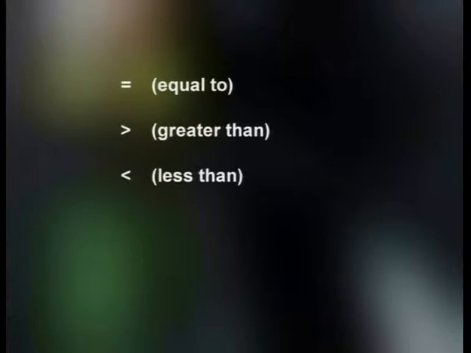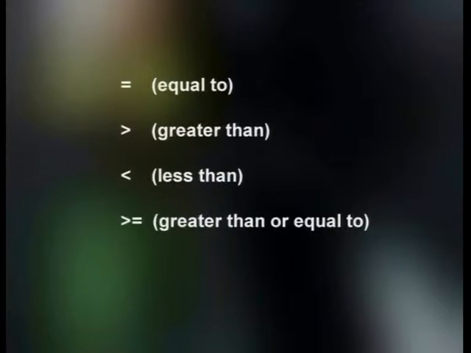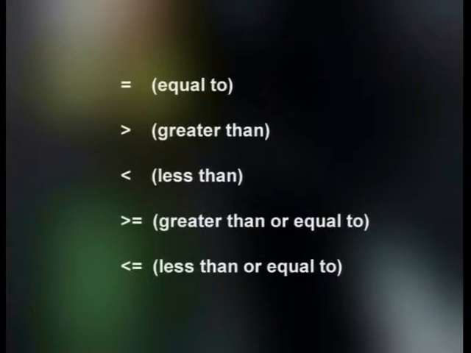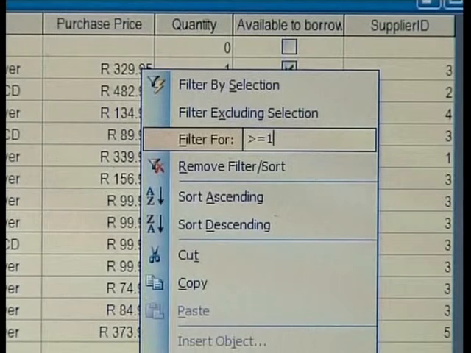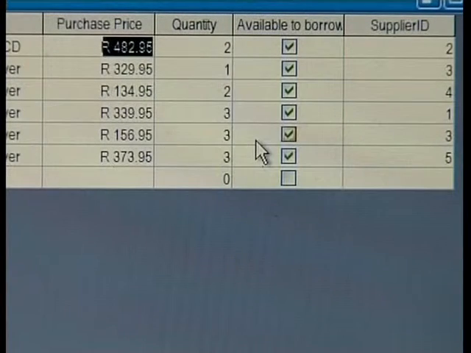Criteria usually include logical operators like equal to, greater than, less than, greater than or equal to, less than or equal to.